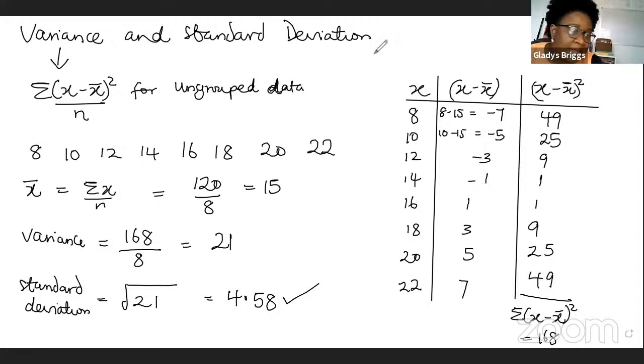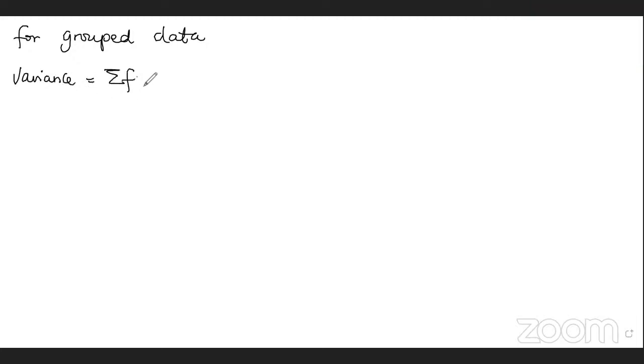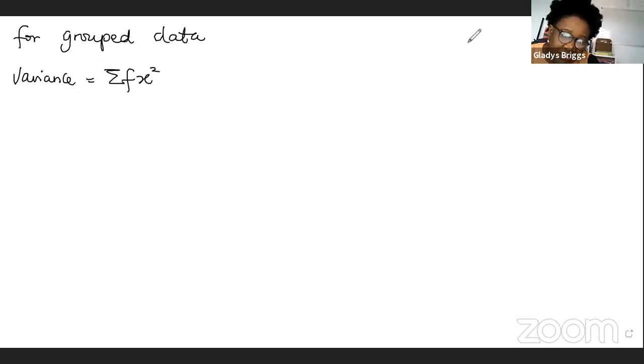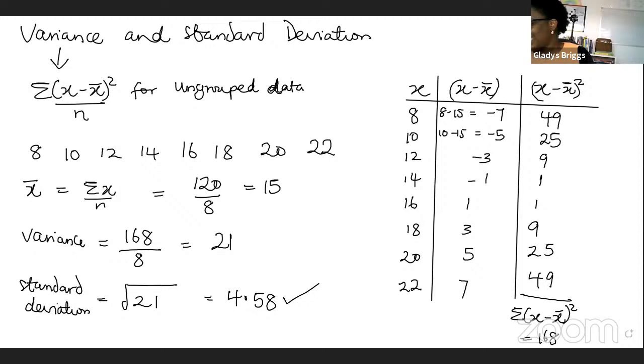Now for grouped data, it's a little bit more cumbersome, but just follow, okay? The formula is the variance is equal to sigma... Miss Gladys, I didn't write the previous one. We only have how many minutes? Okay, finish off now quickly. Finish writing, okay?